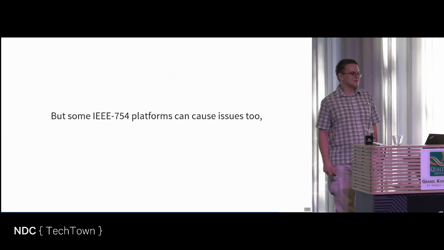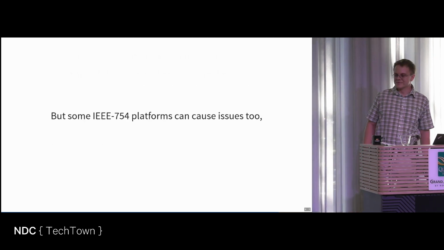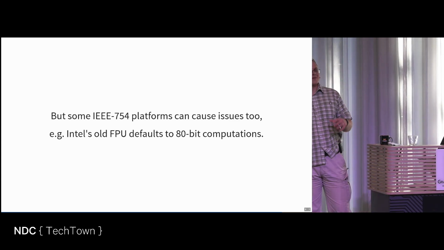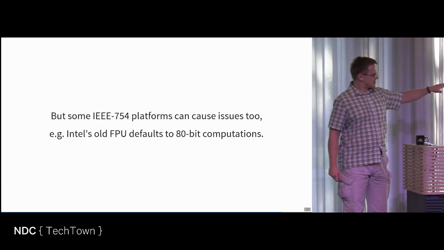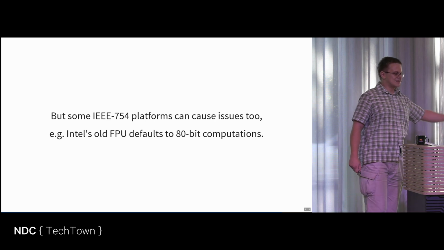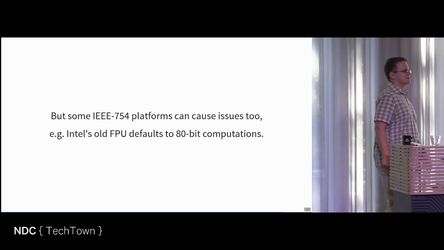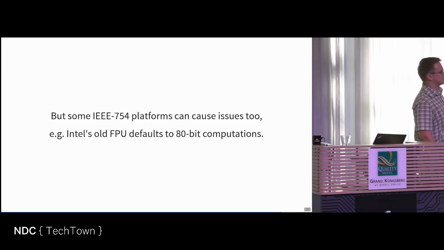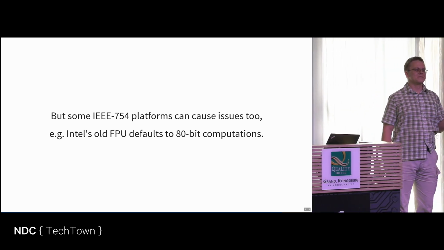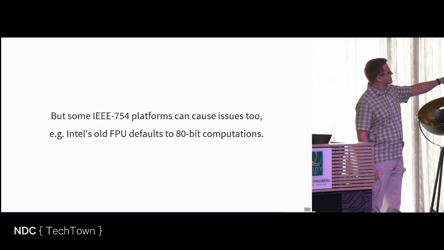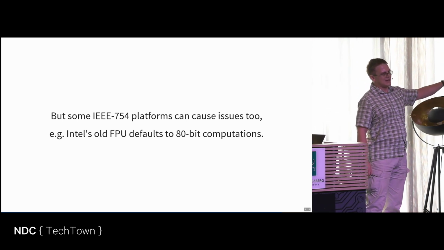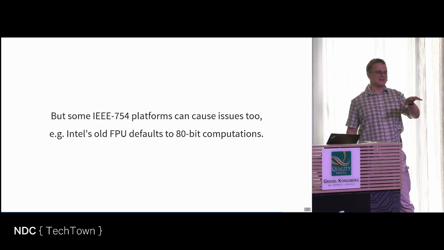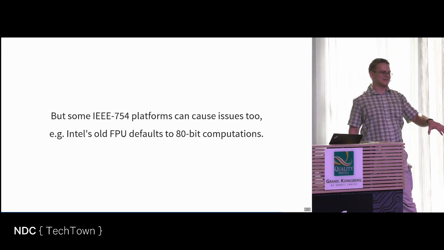But you can have issues with IEEE platforms as well. For example, who here has ever had issues because all Intel CPUs had an 80-bit computational unit? If you compile for an old Intel CPU in 32-bit mode, you will likely generate code that uses the stack-based FPU that actually computes intermediates in 80 bits and then stores them in 64 bits.